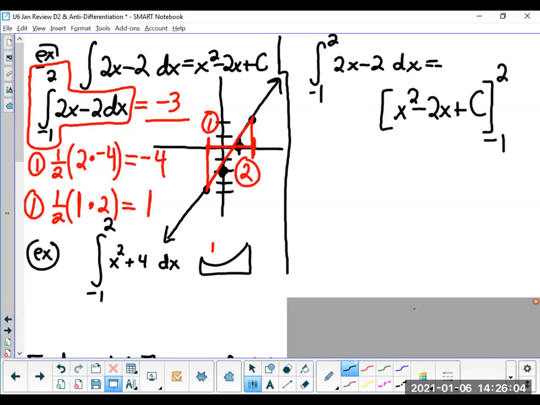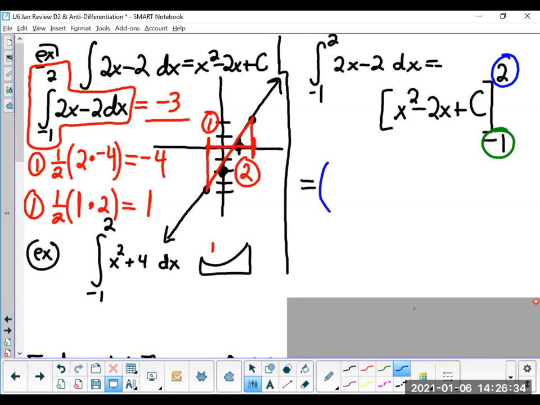So this is what we want to do. We want to take that antiderivative that we looked at before, and according to the fundamental theorem of calculus, if we evaluate this at 2, evaluate this at -1, then subtract them, we're going to figure out what the area is. So our answer here had better be -3, right? Okay, let's see if we set this up correctly.